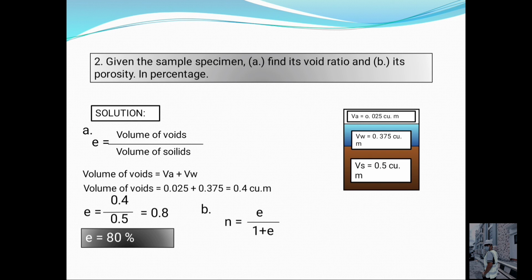So we can use this kind of formula to easily get the answer in porosity. So n is equal to 0.8 all over 1 plus 0.8. So the answer is n is equal to 0.44. And take note that n is less than 1 and greater than 0.